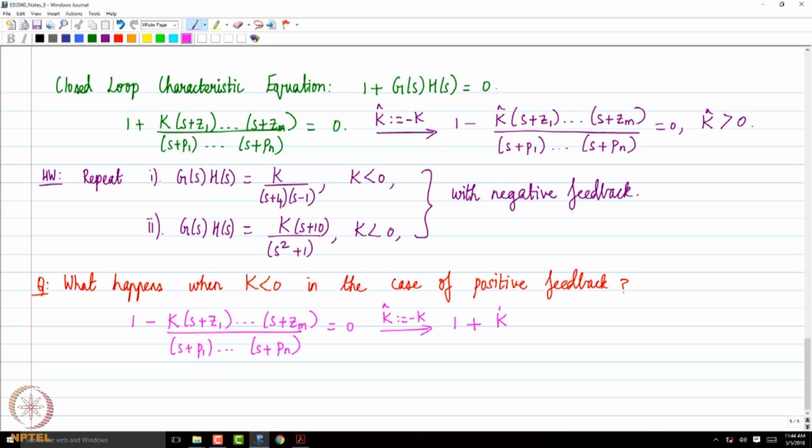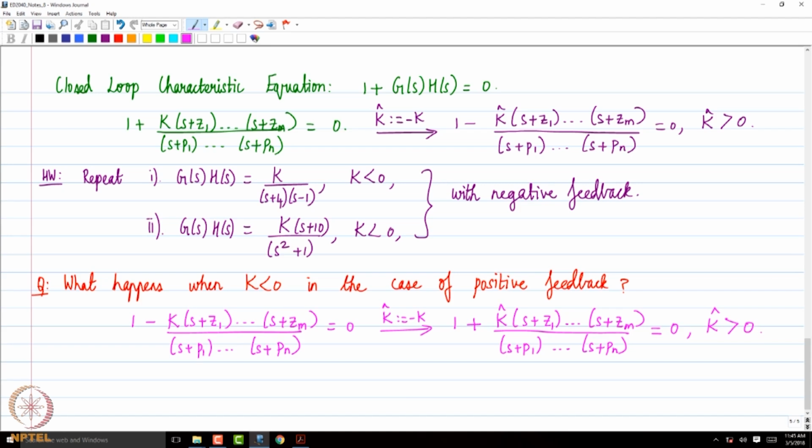I will get 1 plus k hat (s plus z1) all the way till (s plus zm) divided by (s plus p1) all the way till (s plus pn) equal to 0, k hat being now greater than 0.